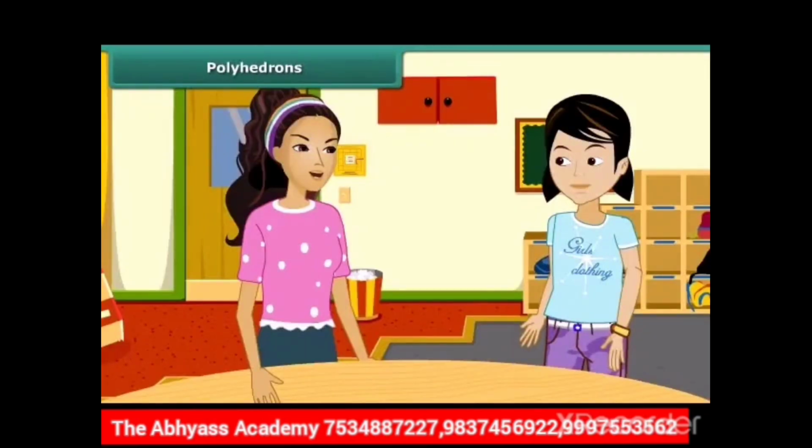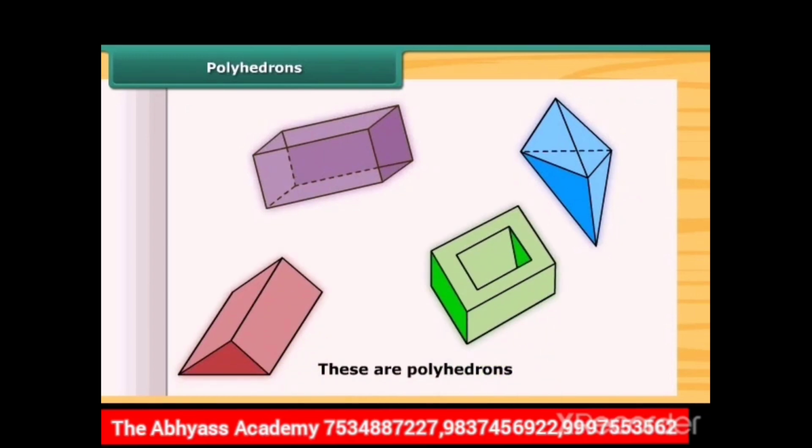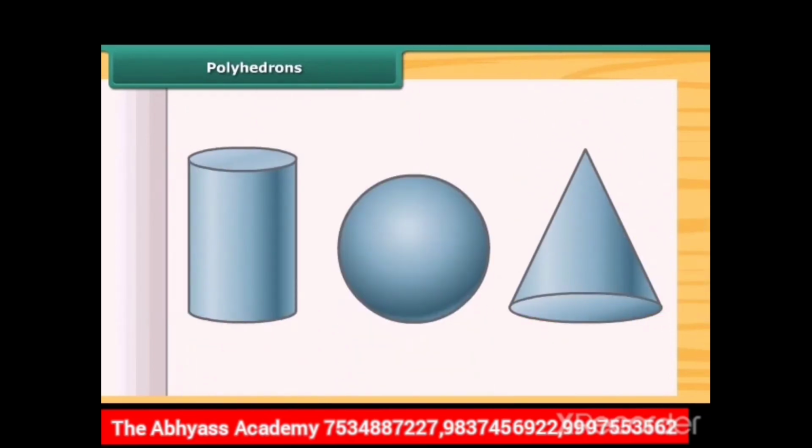Do you know what we call a solid having flat faces, edges and vertices? No. Those solids are called polyhedrons. These all solids are polyhedrons. Are these objects polyhedrons? No, these are not polyhedrons.